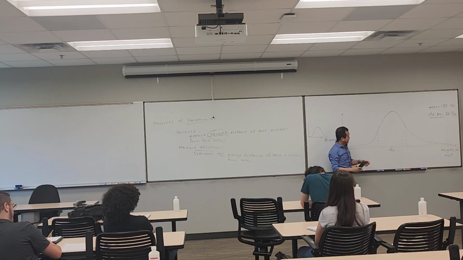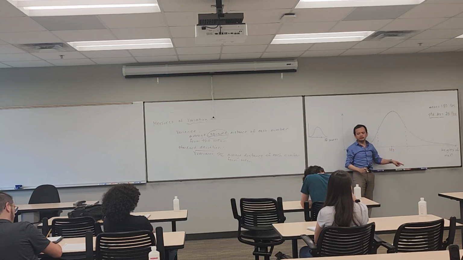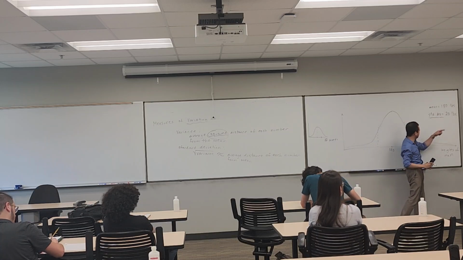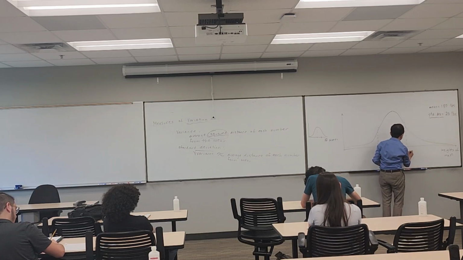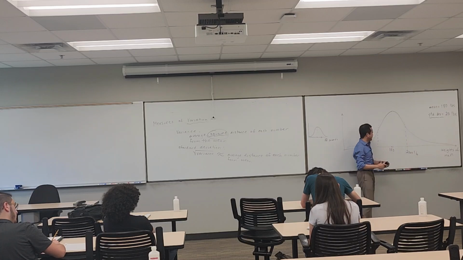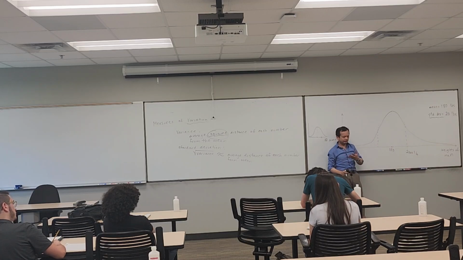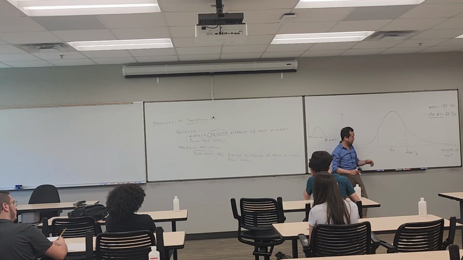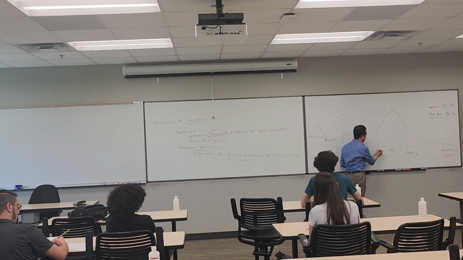One standard deviation above the mean would be how many pounds? Yeah, 20 pounds plus the 180, which is 200. And what's one standard deviation below the mean? 160. Very good. So the mean 180 minus the 20 pounds of one standard deviation is 160.